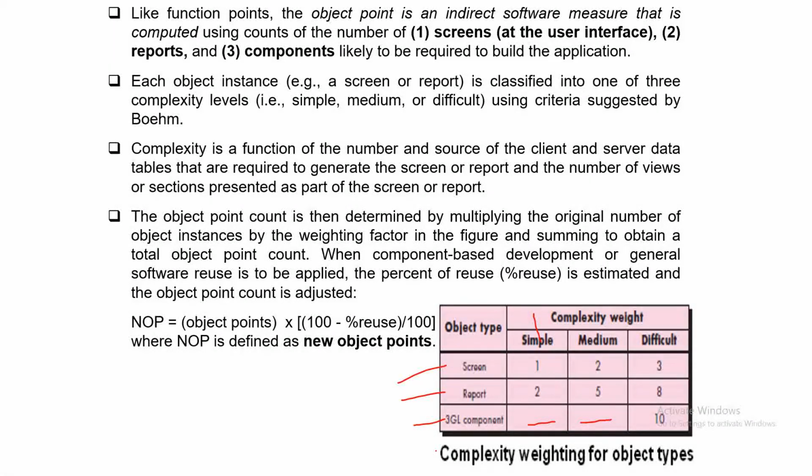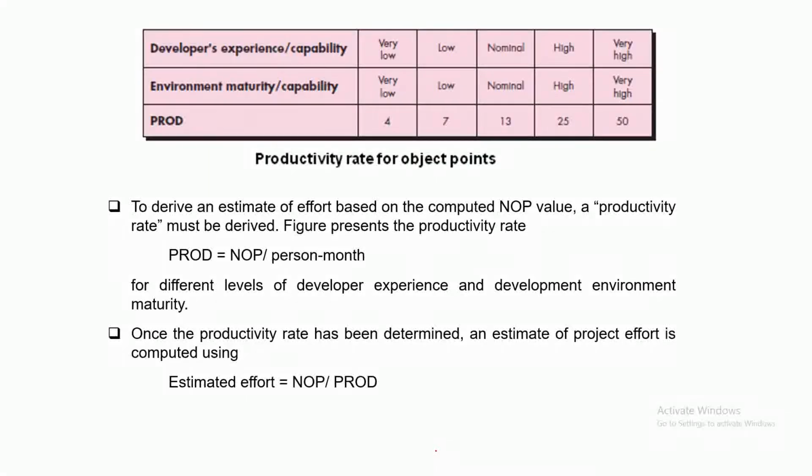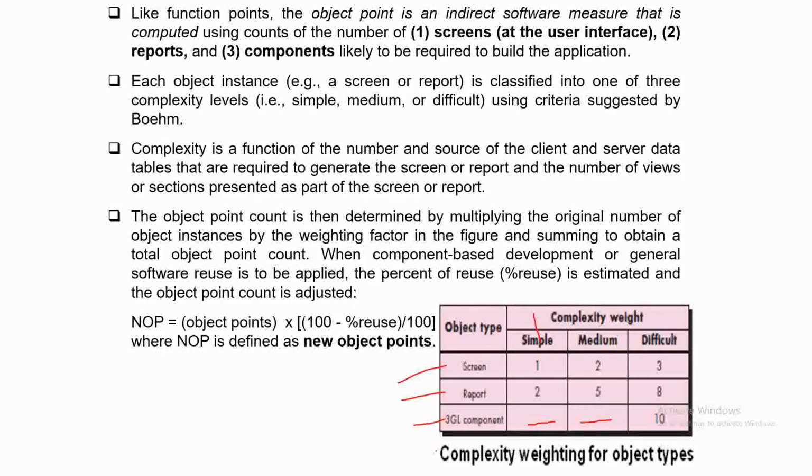So let's say you want to calculate the object point. How can you calculate the object point? Let's say you have been given a system wherein you want to develop 5 screens, 2 reports, and let's say 10 components you are likely to build.